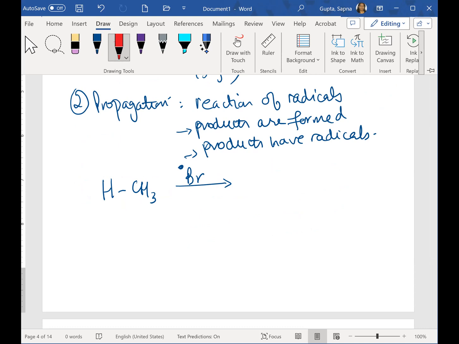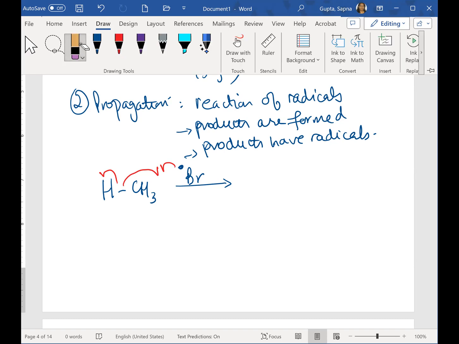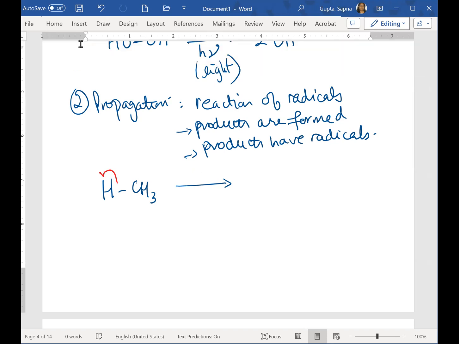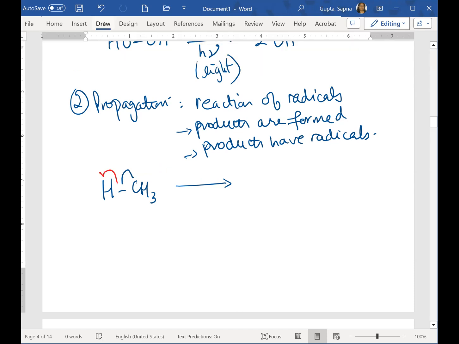And in this case, what happens is this bond is going to break. It means that the carbon is breaking its bond. And actually, I should write it differently. Hold on 1 second. Let me write it a little bit differently because I have to form a radical here. There. Let me break it this way.